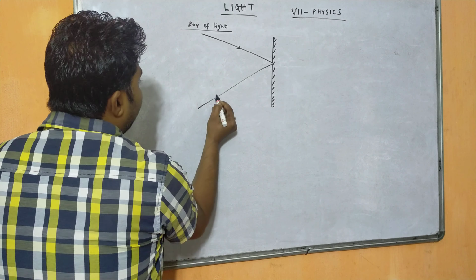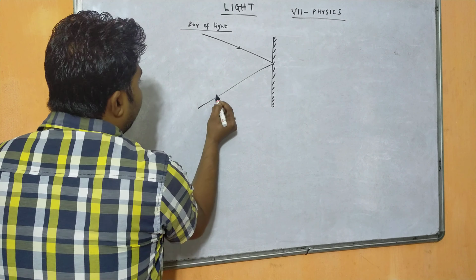This is the reflected ray and this is the incident ray. Now we will be drawing one normal, that means one 90 degree perpendicular. We have drawn one normal. Let us consider the name of the normal is N and S.